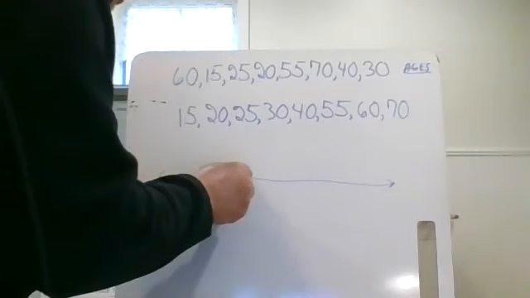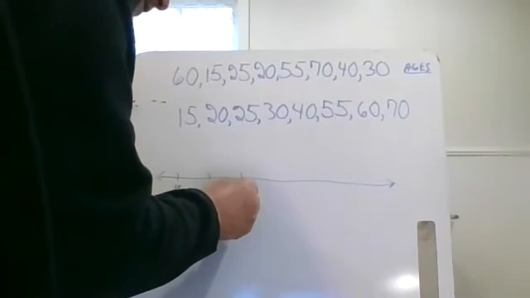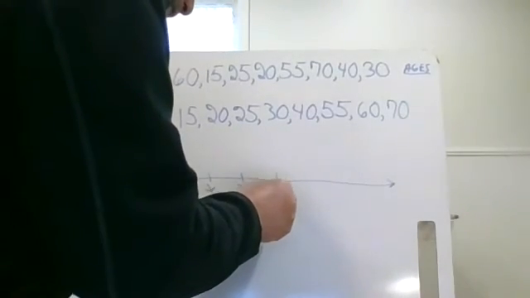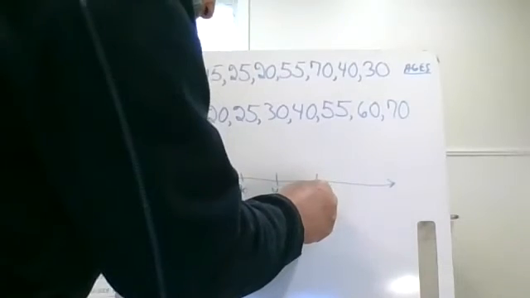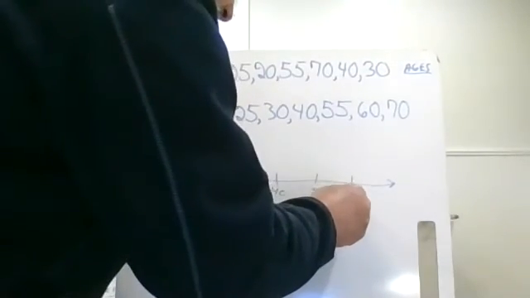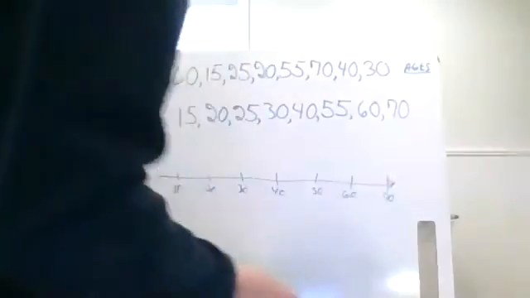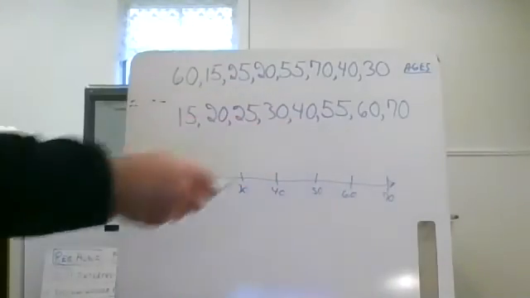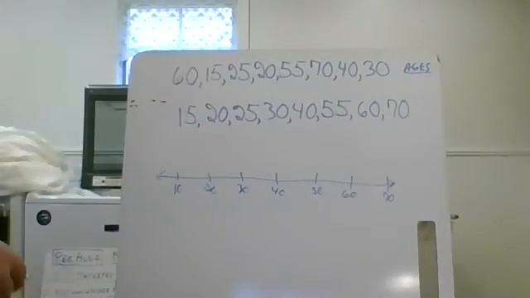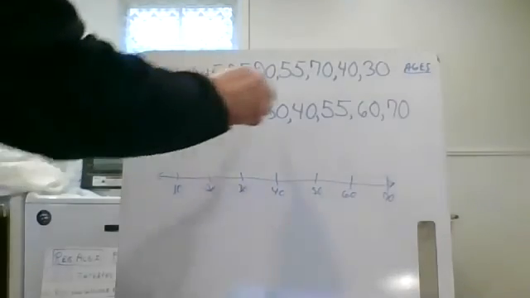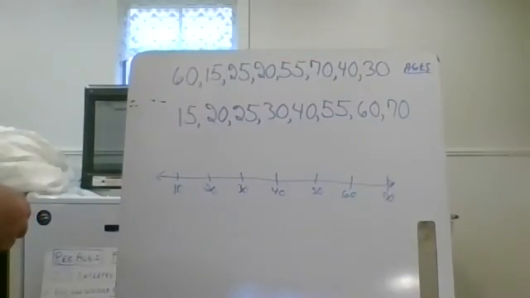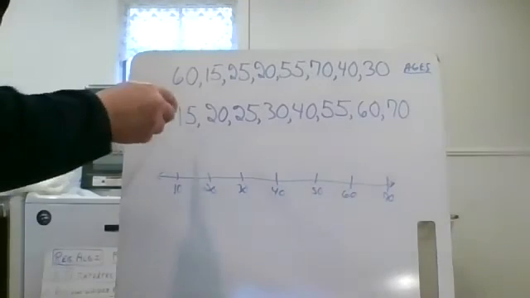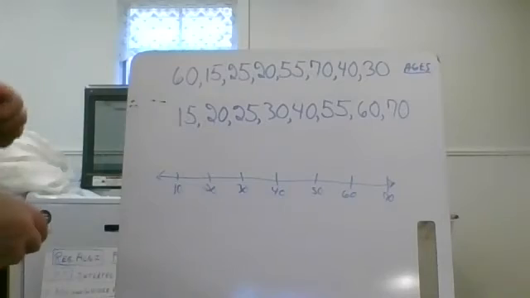So 10, 20, 30, 40, 50, 60, and 70. So I took it from 10 to 70, going up by 10. That's our number line. It covers these values. Okay? So after you order the numbers, you draw your number line.